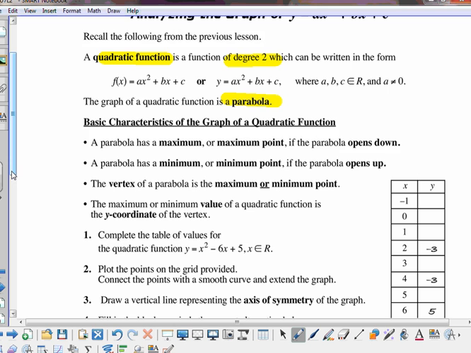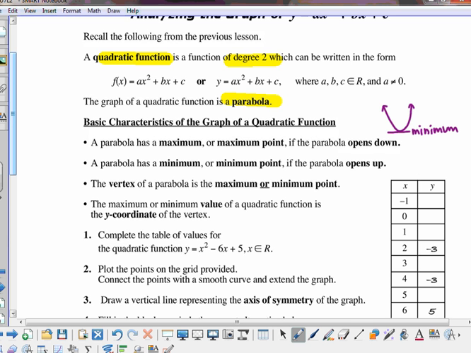Well, if you have a U shape, so opens up or down, if it's opening up, are you going to have a maximum point or a minimum point? Minimum. You're going to have a minimum because you're opening up. So it's going to start at a minimum point and then keep going up.